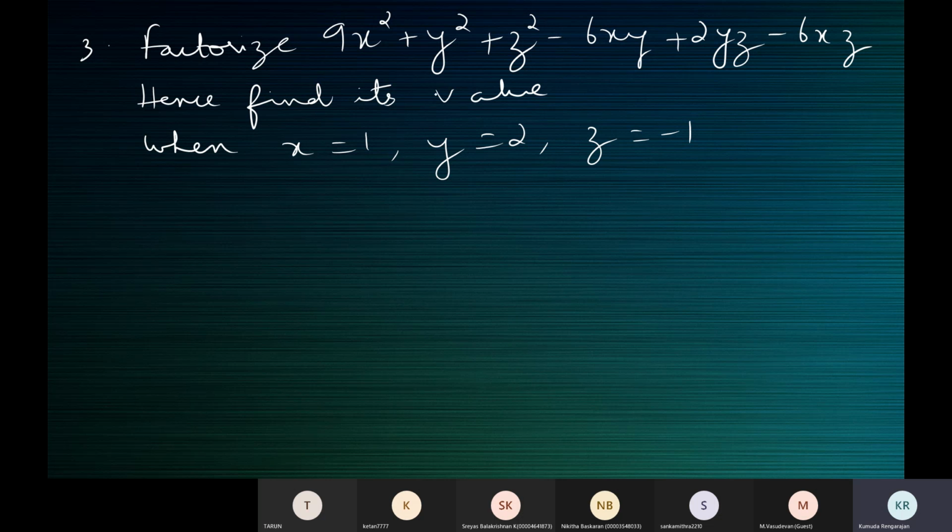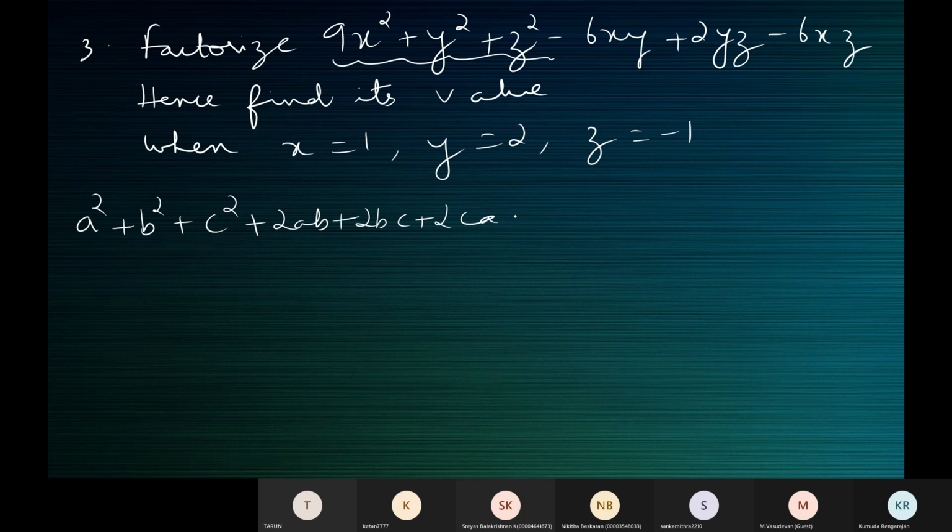So there are 6 terms here with 3 perfect squares. So this is the identity: A squared plus B squared plus C squared plus 2AB plus 2BC plus 2CA is equal to A plus B plus C the whole square. So let's rewrite the given expression in this format: A square, B square, C square, 2AB, 2BC, 2CA.